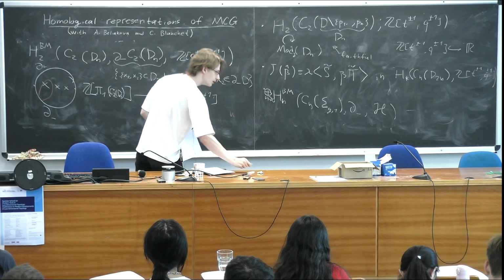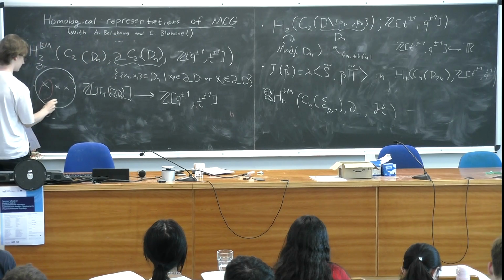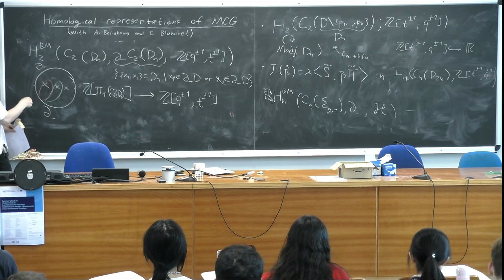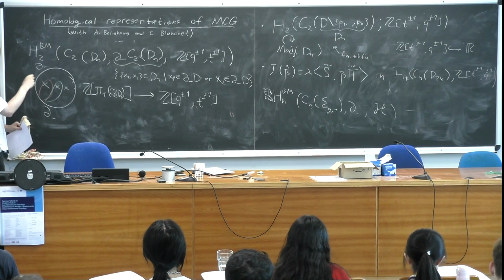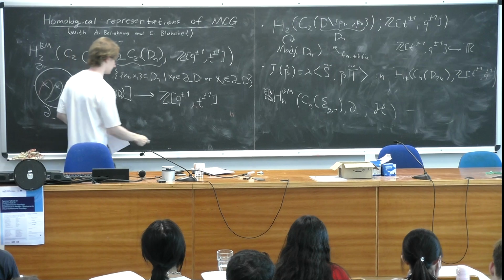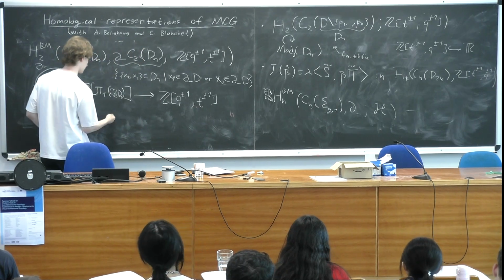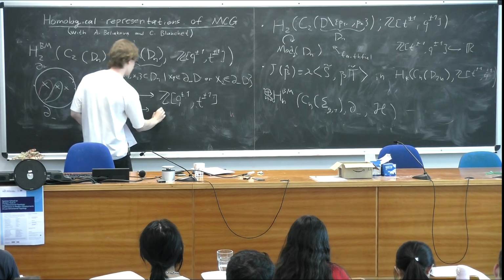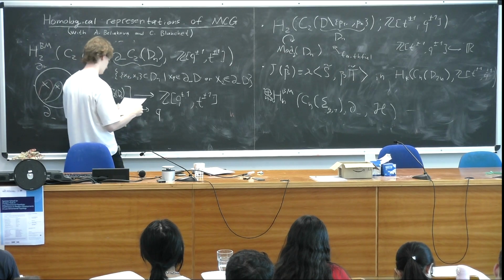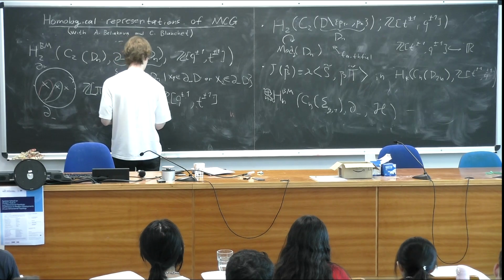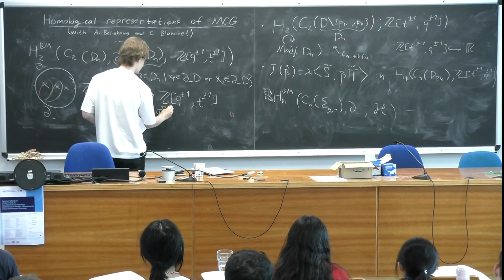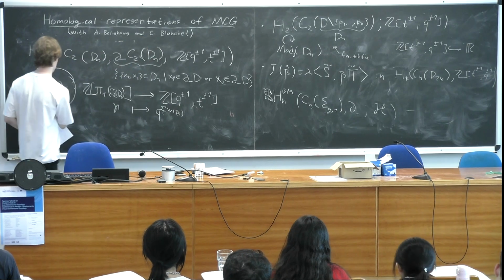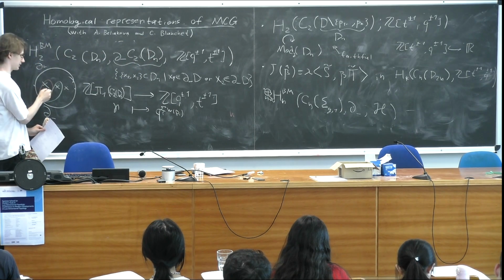So let's say I choose some base point on the boundary, and then I follow both points. They wind somehow around the punctured points, and then I send this loop to q to the power of the sum over all punctured points of the winding numbers around these punctured points of both components.